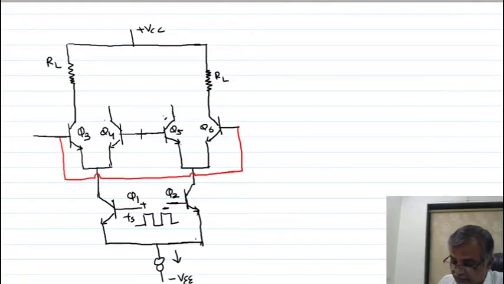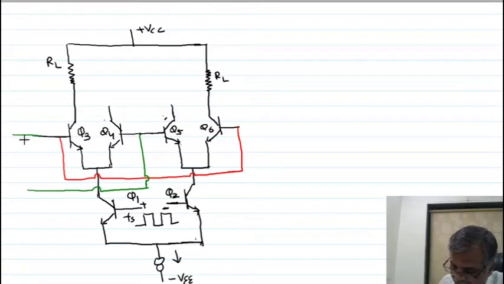Now from this I am taking one jumper here like this, and I am giving you here, here is the output of VCO is connected.